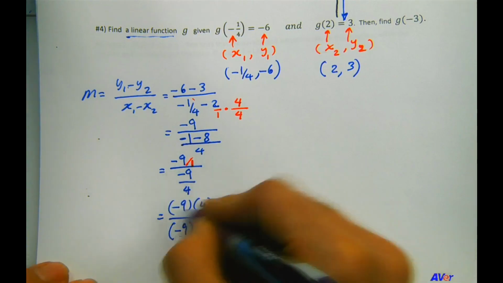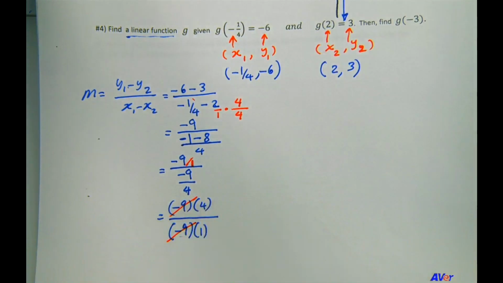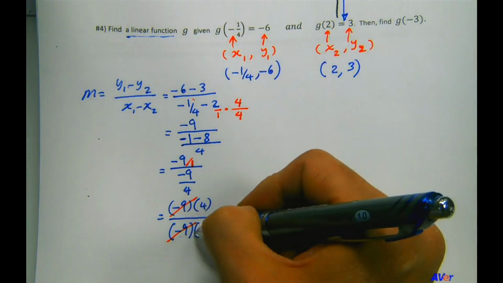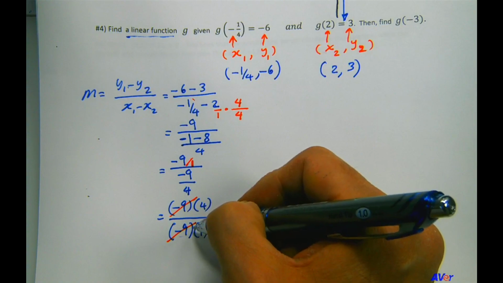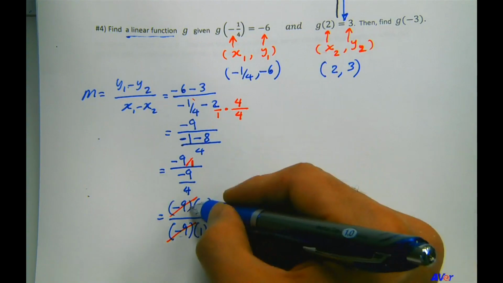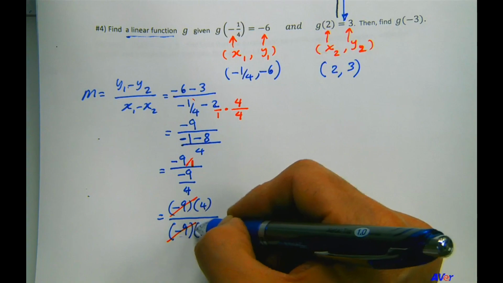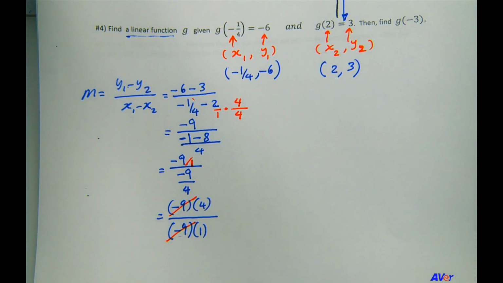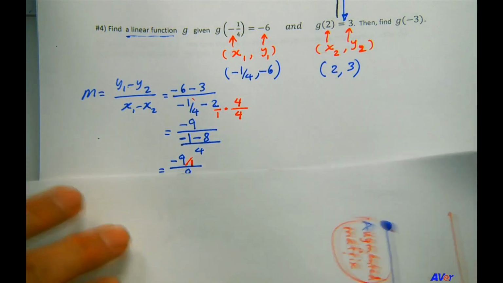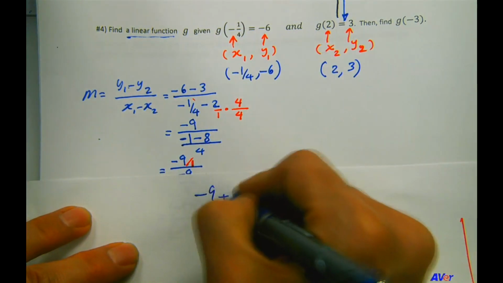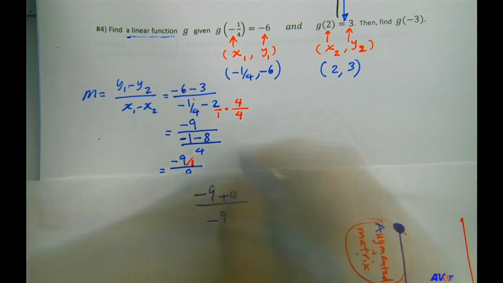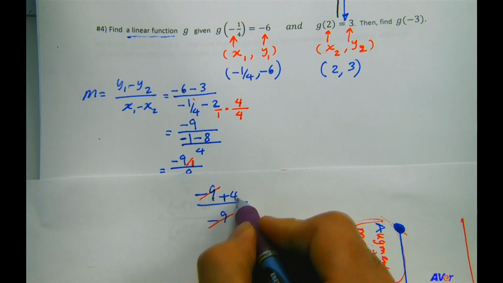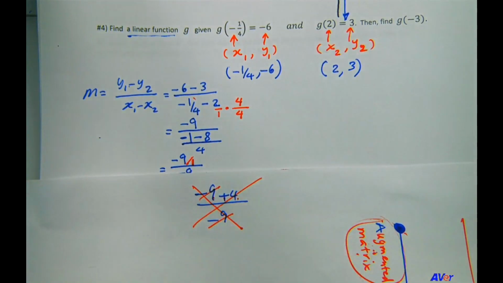All right? Now, negative 9 and negative 9 can cancel because they're being multiplied in the numerator and the denominator. As I was saying earlier in the previous video, if you had minus 9 plus 4 divided by minus 9, then you couldn't cancel, because minus 9 is being added, so this is not right.